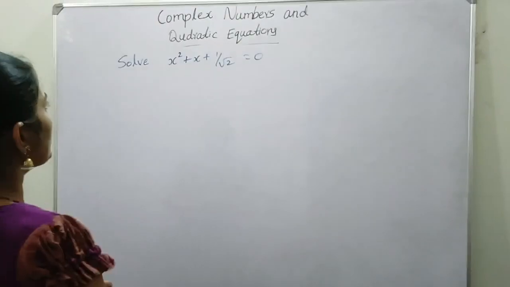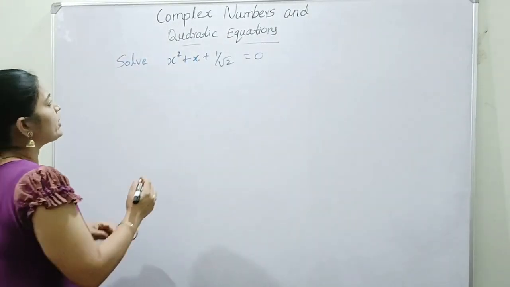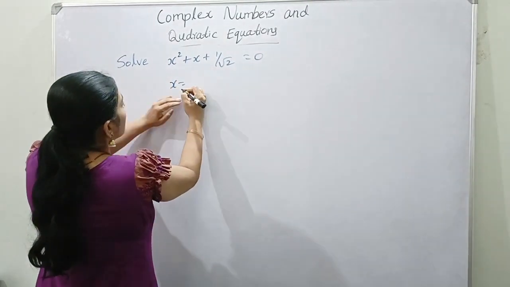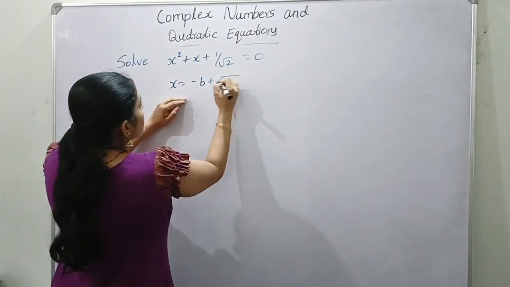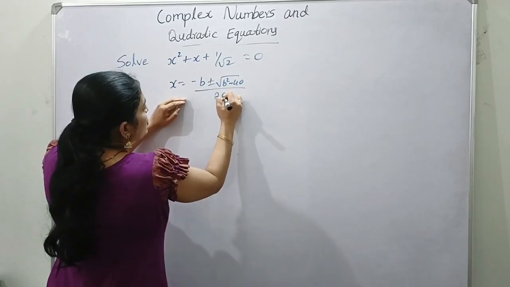Next one, x square plus x plus 1 by root 2 is equal to 0. First of all we will write the formula. x is equal to minus b plus or minus square root of b square minus 4ac divided by 2a.